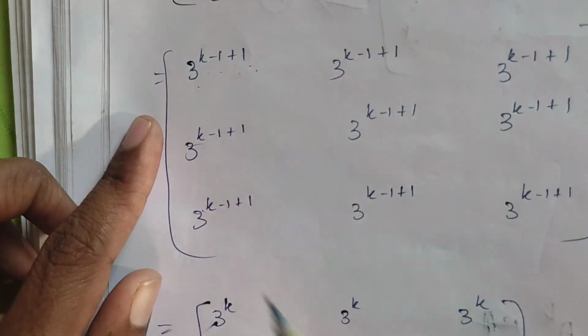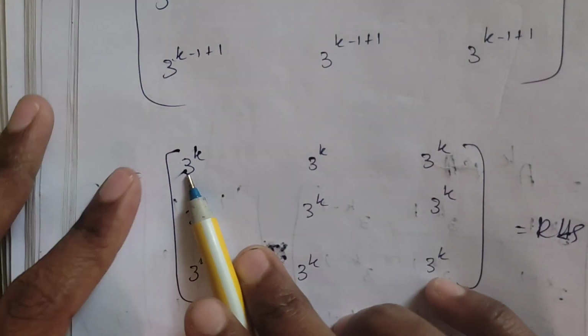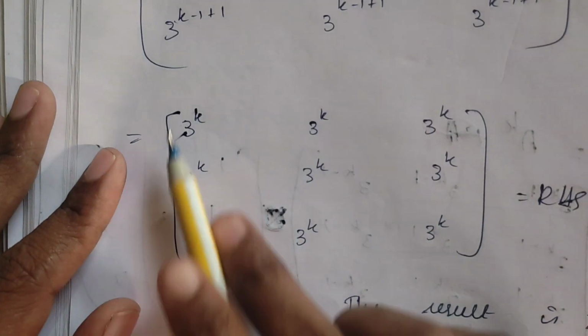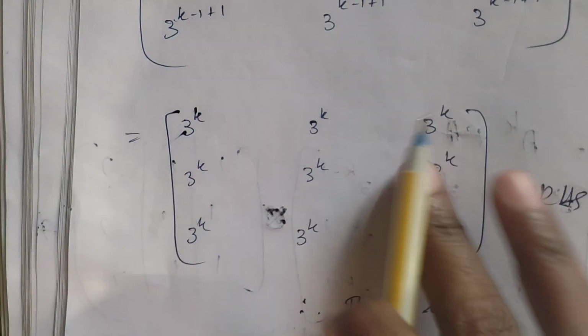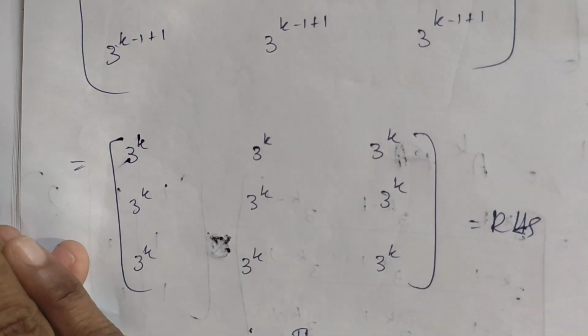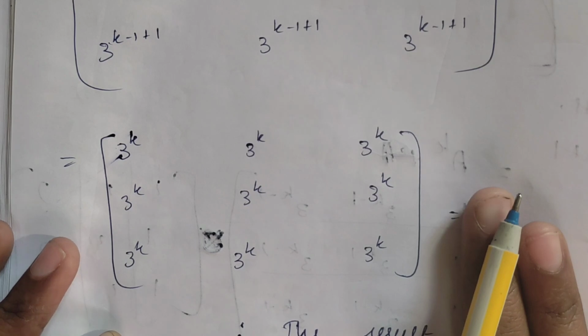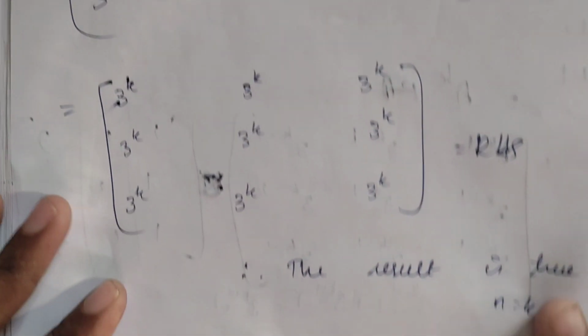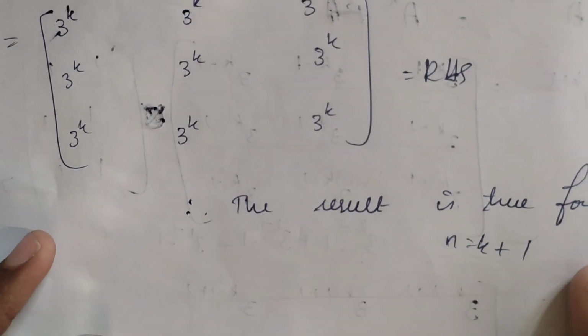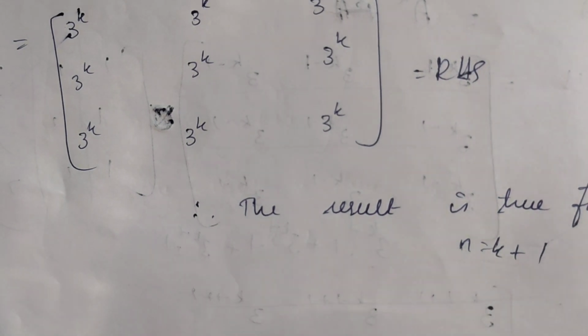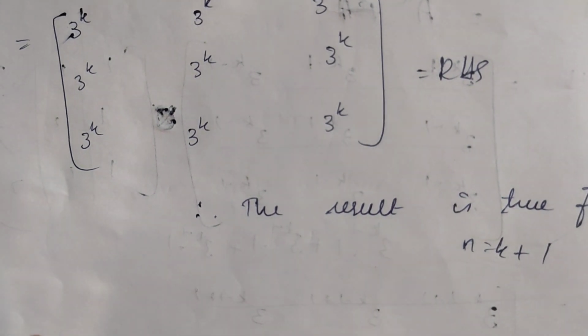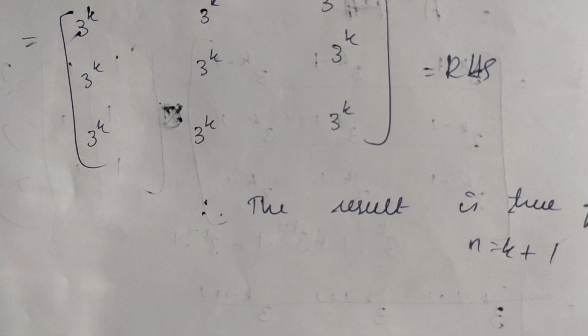So 3 power k in all the places of the given matrix. We have taken LHS and we have proved it is RHS. Therefore the result is true for n is equal to k plus 1. Therefore the given statement is true for all the values of n.